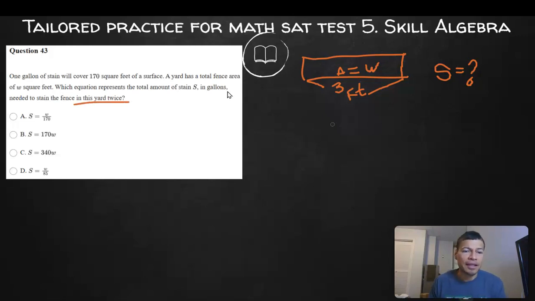It says, which equation represents the total amount of stain S in gallons needed to stain the fence in this yard twice? We need to find the stain. That's what we're looking for. We don't know how much stain we need to cover the fence, but we need to cover the yard twice. So we need to stain the area 2 times. That's what I'm understanding from this problem.